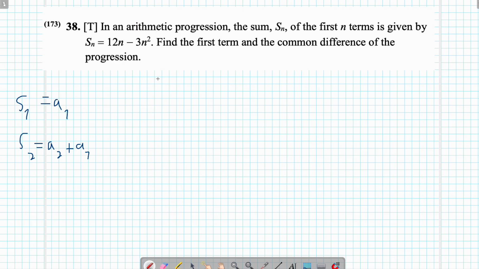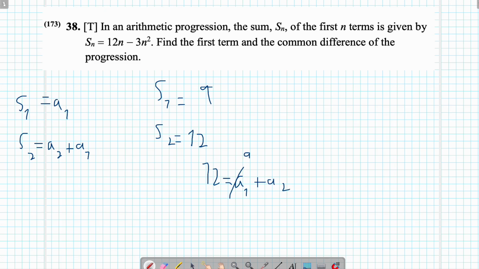So what are we going to do to find A1? We're going to substitute n by 1, so we're going to get 12 minus 3, which is 9, and then S2 is going to be 24 minus 12, which is 12. So 12 is equal to A1 plus A2.